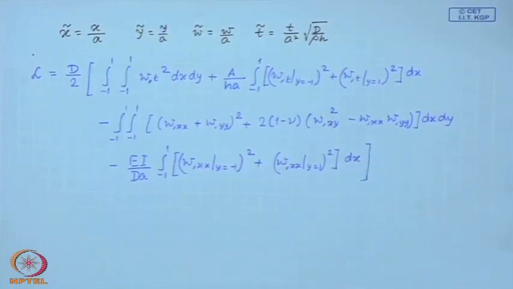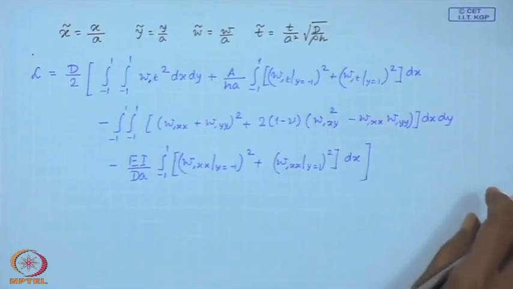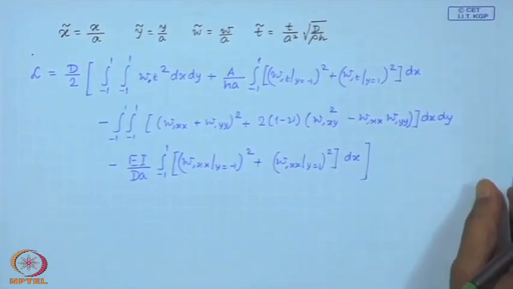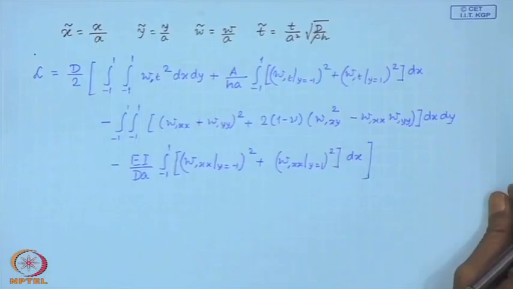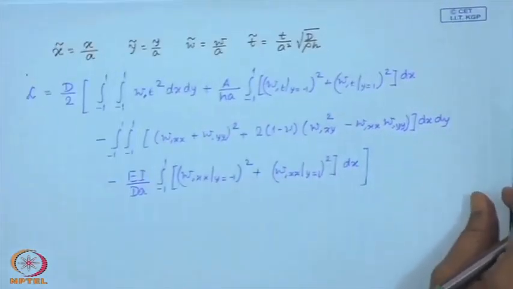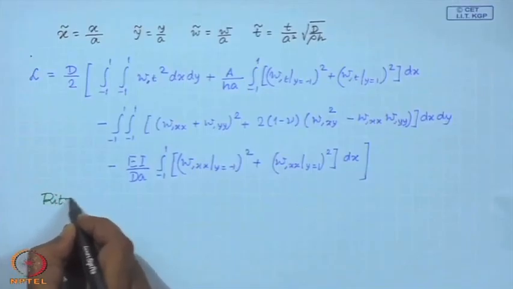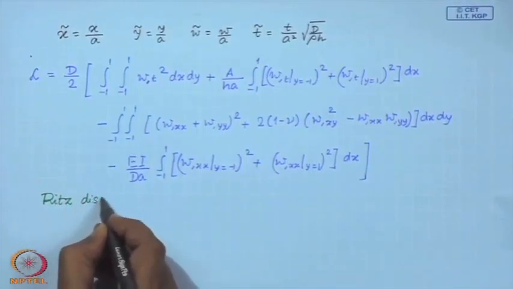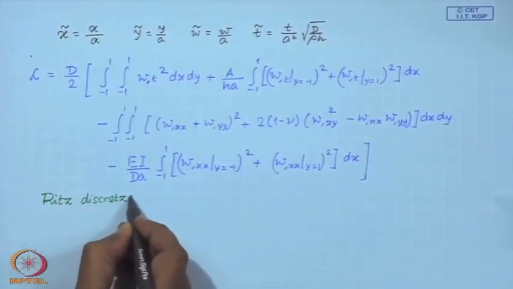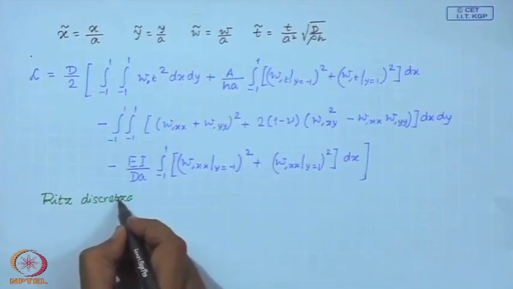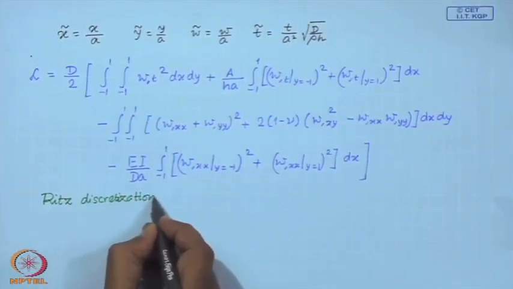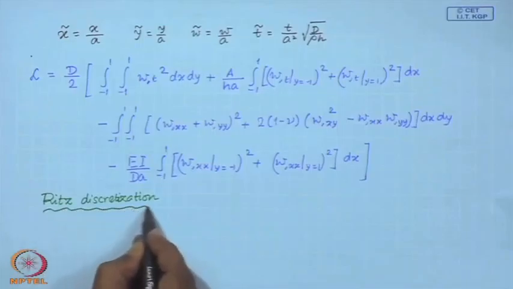Now, for the admissible functions for the Ritz method, we will use once again the Ritz discretization.